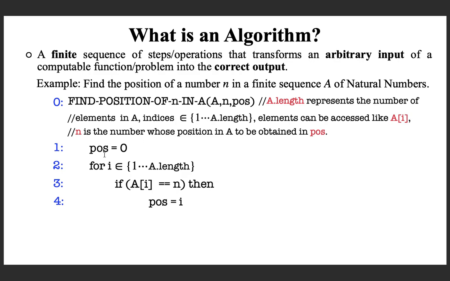What you can do is initialize the position as 0, assuming that the elements are stored from 1 to A dot length. If there are 10 elements, they are A 1 to A 10. Now, what do you do? For each index value I in the set of all possible indices, say 1 to length, you check whether the current element is n, and then you set the position as the index of that element.